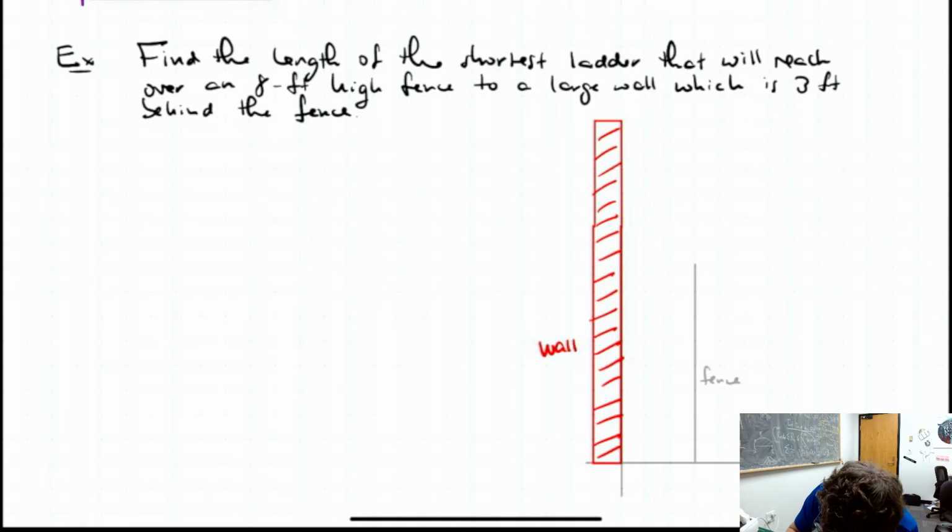And the point is that you're over here. You're not to scale because I guess I just drew you about 2 feet high. But you're going to put a ladder. You're trying to get to the wall, for some reason you're trying to climb over this fence with a ladder.